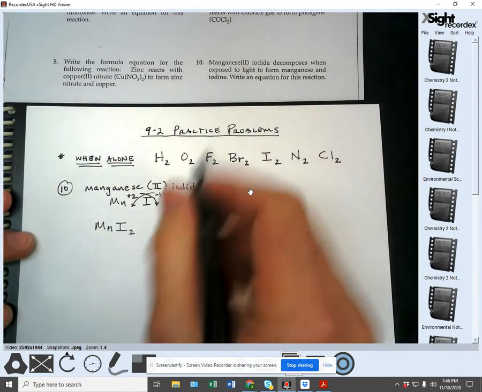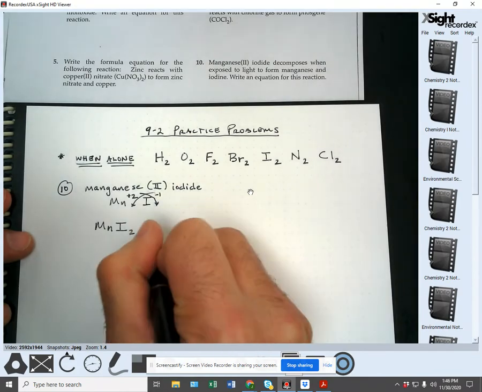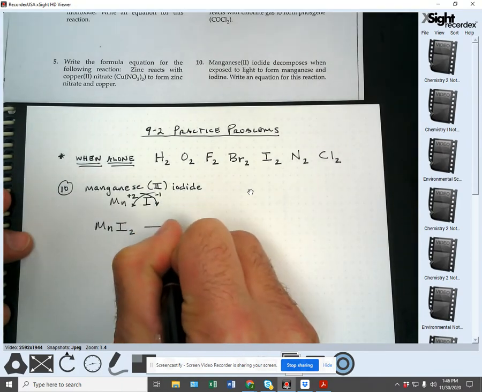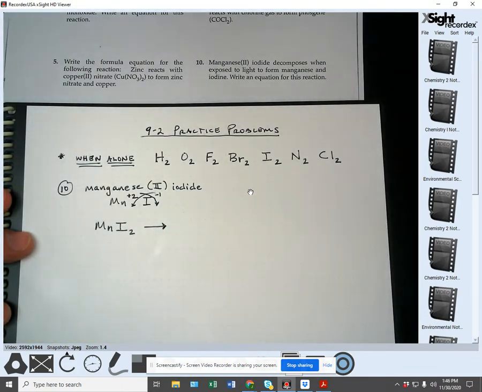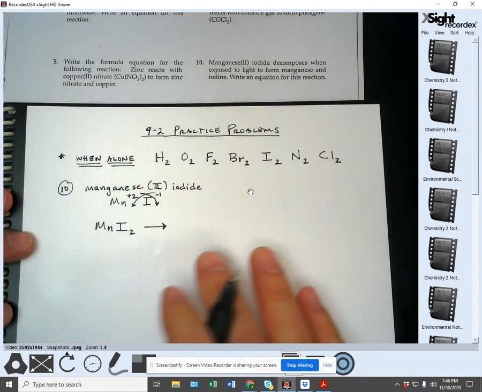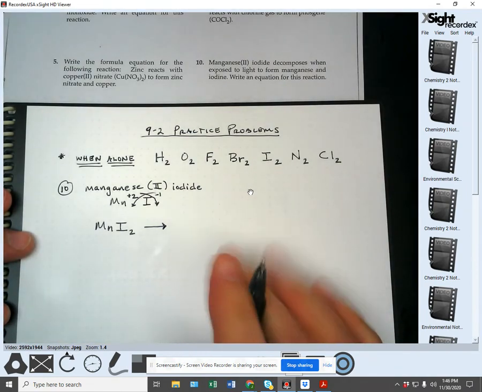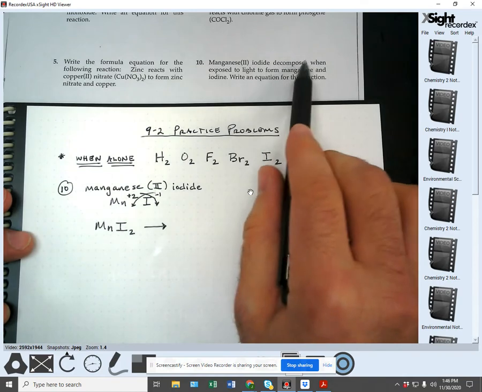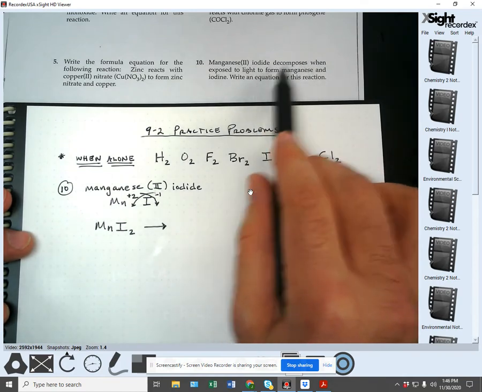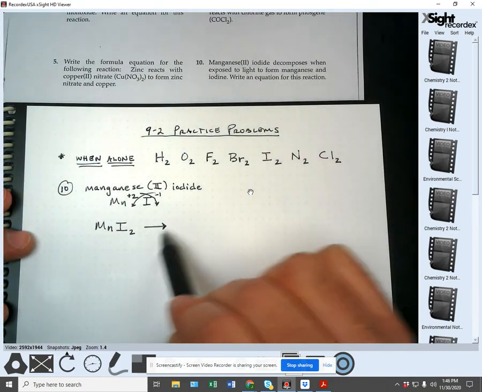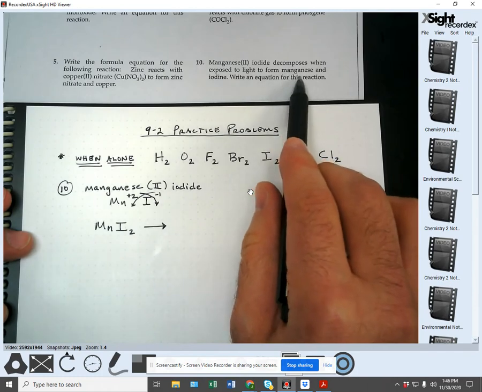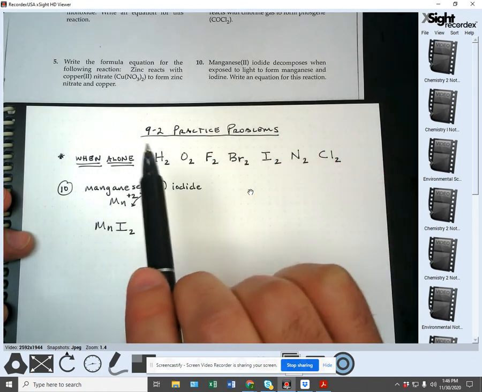So decomposes tells us we're going to put the yield arrow. The reaction is occurring. Decomposes to form, that's still part of the arrow, to form manganese and iodine.